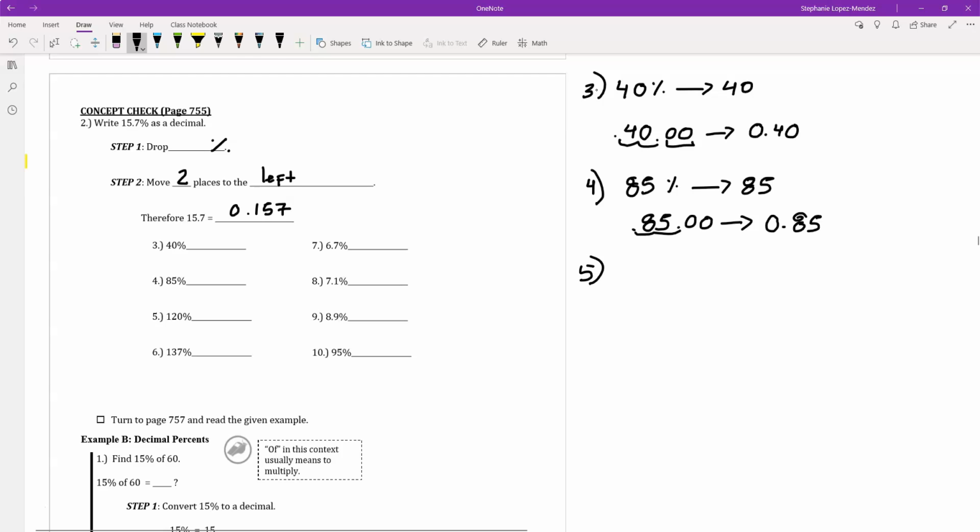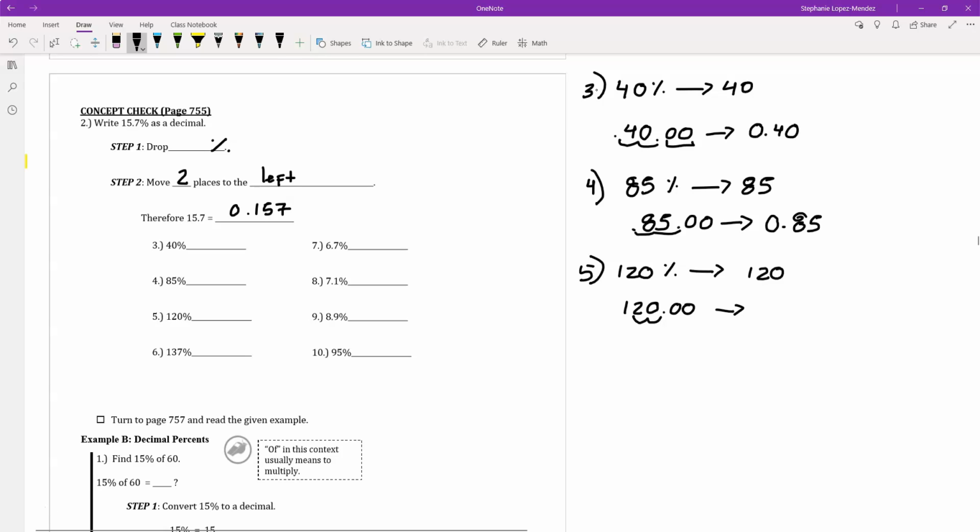We are going to work on number 5. The rest of the problems, you could do by yourself. It's 120%. First step, we drop the sign. Second step, we write the point just for better explanation. We move the point 2 times to the left.